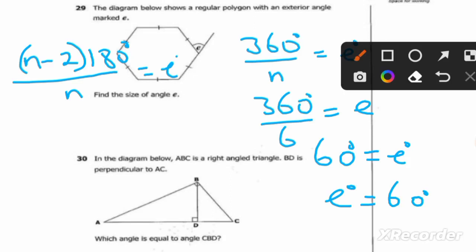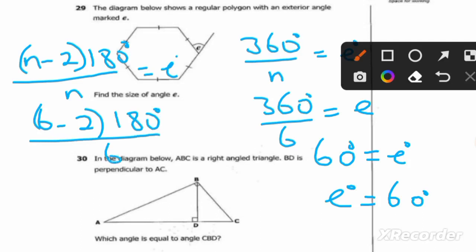The number of sides is 6, so 6 minus 2 is equal to 4. 4 times 180 over 6. Let us simplify this one.